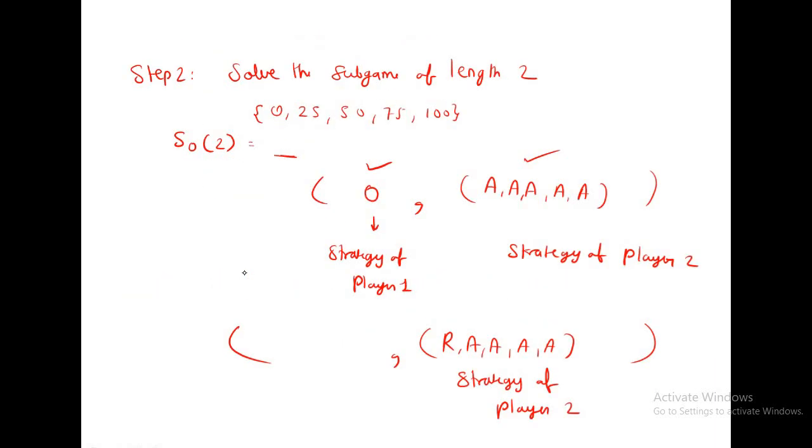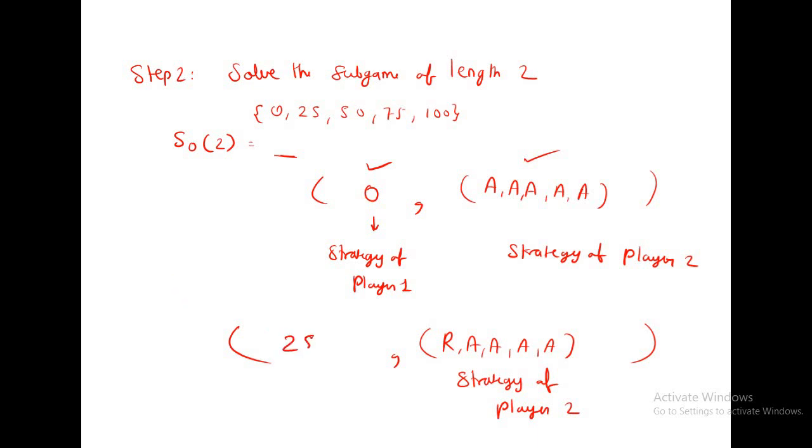So when the strategy of player 2 is RAAAA, meaning he is rejecting the offer of 0 and accepting all other positive offers, in this case the minimum offer except 0 will be the best. That is 25.